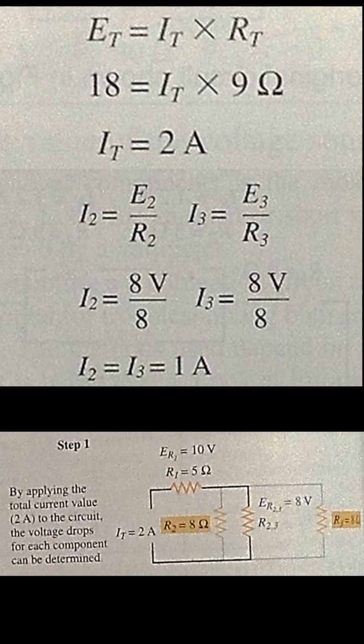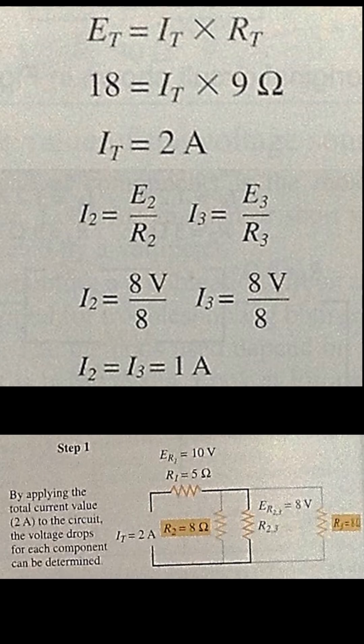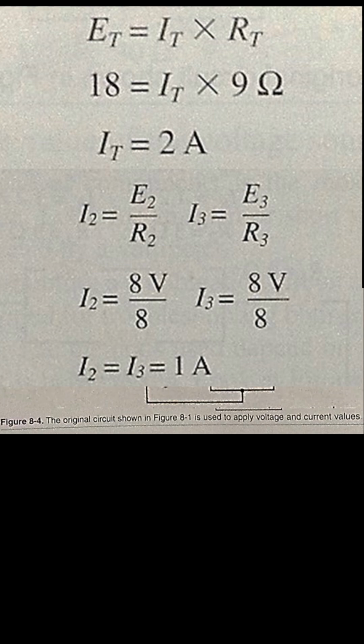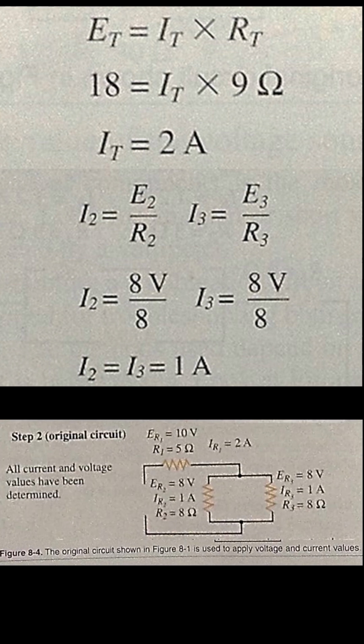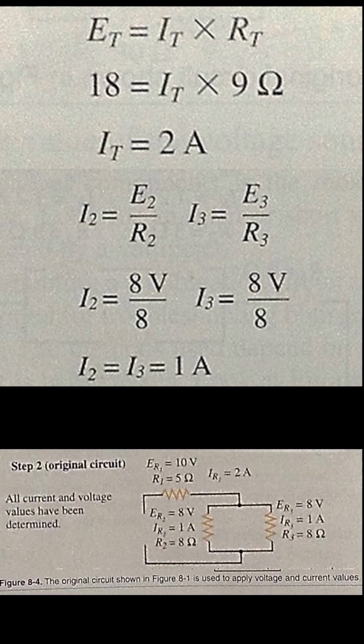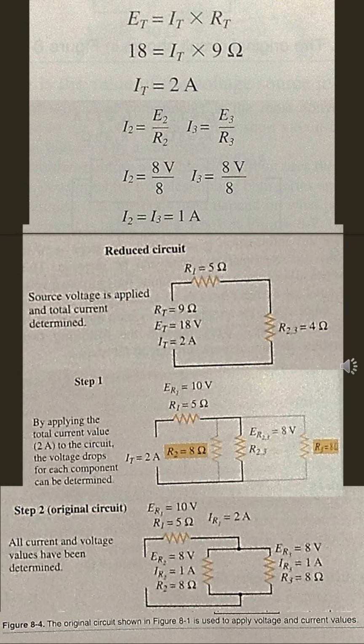Current 2 equals voltage 2 divided by resistance 2, which is 8 volts divided by 8 ohms, equals 1 amp. Or current 3 equals voltage 3 divided by resistance 3, which is 8 volts divided by 8 ohms, which is also 1 amp. R2 and R3 both have current values of 1 ampere.